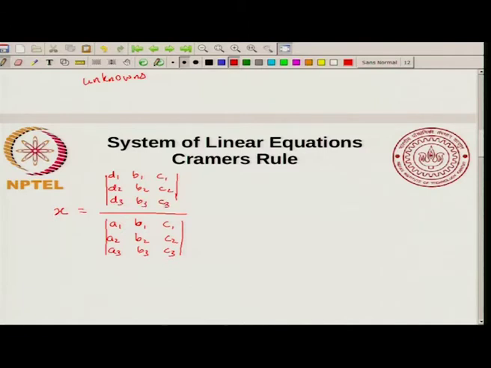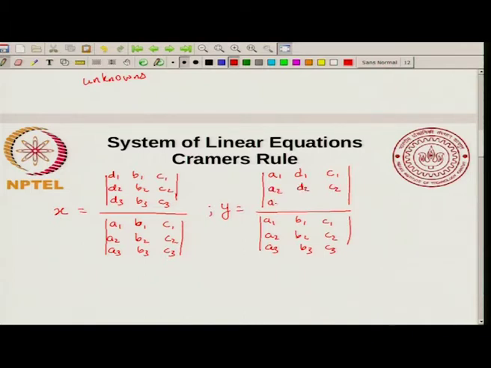Similarly I can write y as, again with the same denominator a1 b1 c1, a2 b2 c2, a3 b3 c3, but in the numerator what you have is a1 d1 c1, a2 d2 c2, a3 d3 c3.